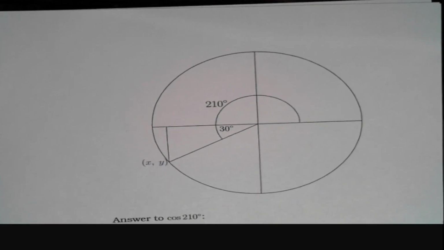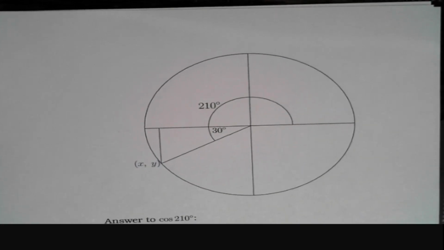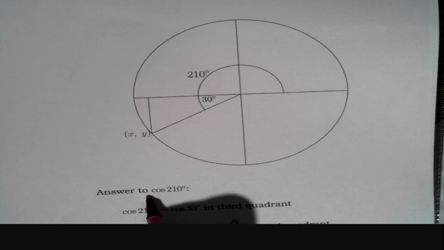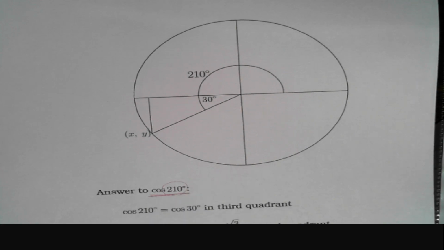Did you try? If you try, let's go back here. The first one was cosine 210 degree. These give you information only to find the triangle.